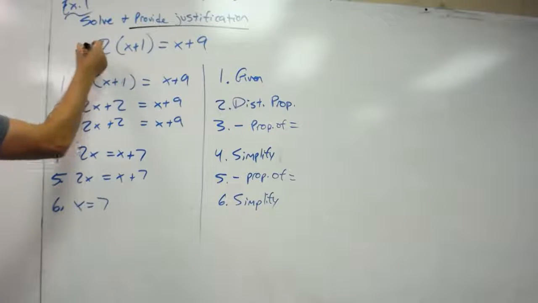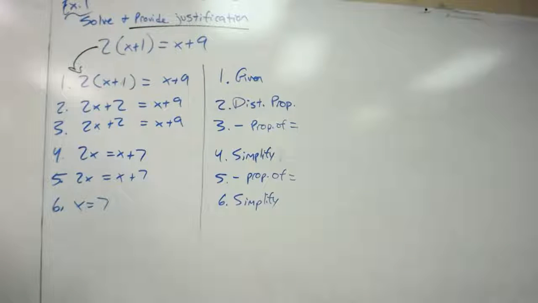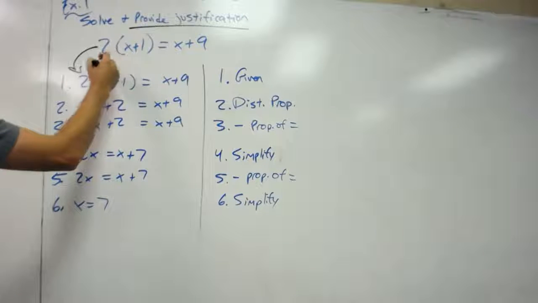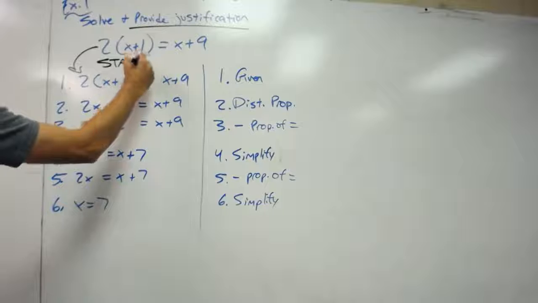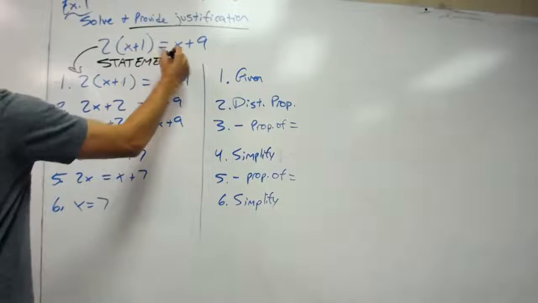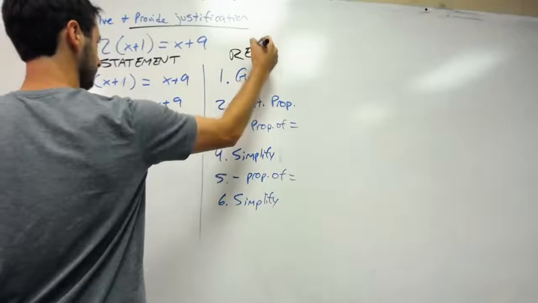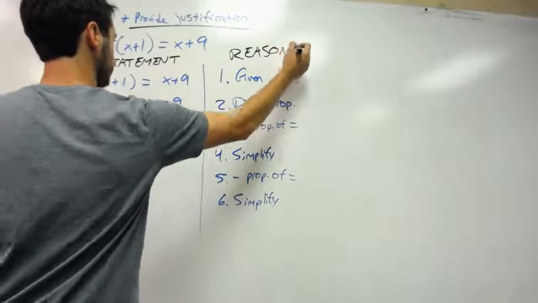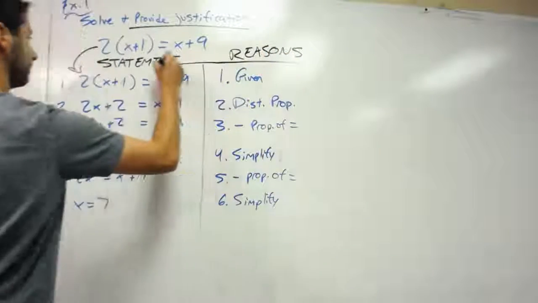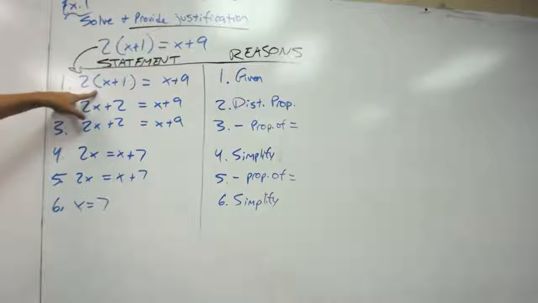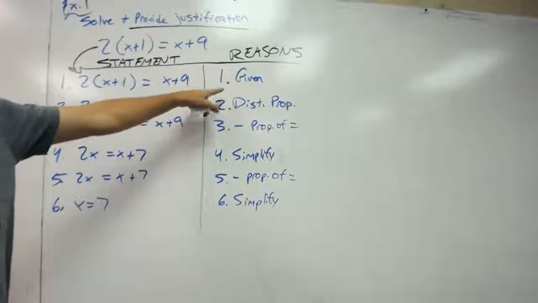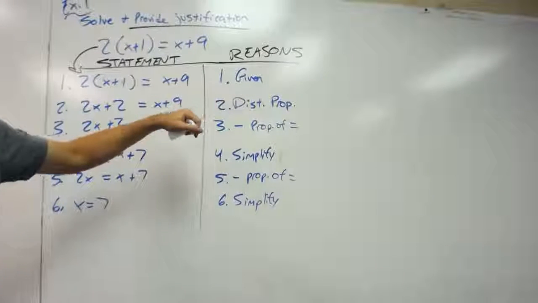So we just move this down here, and this is what I call my statement column. And this is our reasons. This is the reason we could make a statement. Well, this statement is just a reason being given. That's just what's given to us.